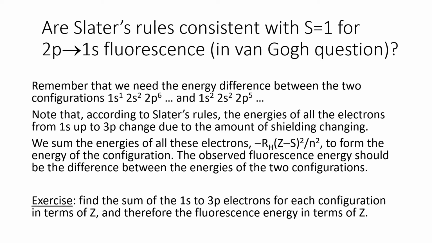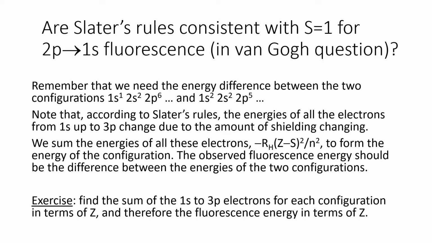So clearly all the orbitals in the first two shells are going to be affected by an electron moving from the second shell to the first shell. But actually there's more to it than that, because even the 3s and 3p subshells are going to be affected as well. Because if an electron drops from the second shell to the first shell, the shielding contribution from that electron is going to change.